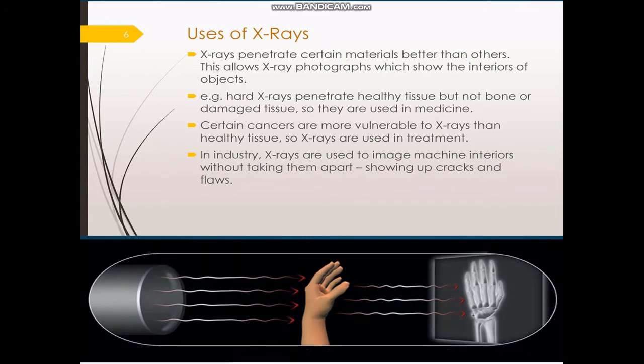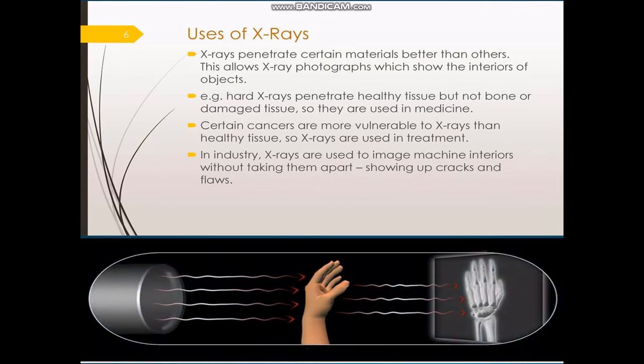So here you can see X-rays used to see the interior of the hands. All fractures are detected by means of X-rays only, because they are able to pass through the tissues but not the bone.